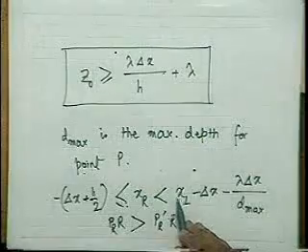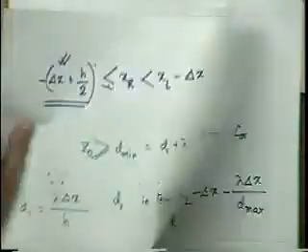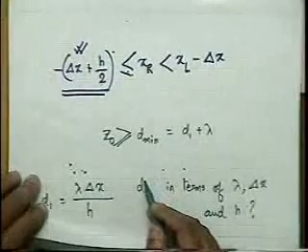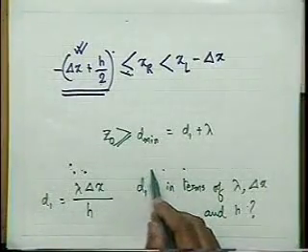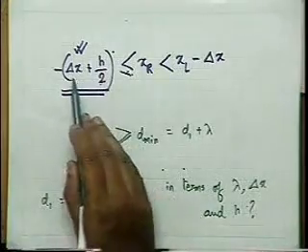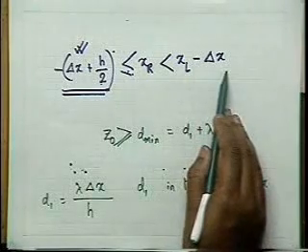What we are having is, in the earlier case, when we permitted the point P to lie at infinity, the limits were between minus delta x plus h by 2 and xl minus delta x.